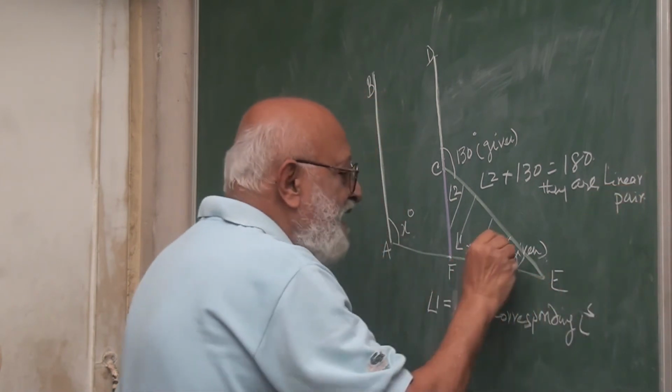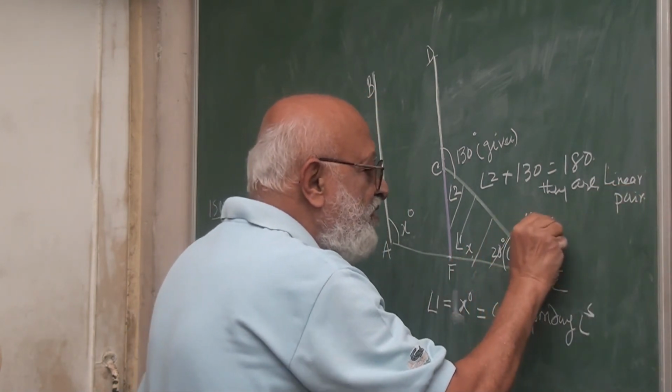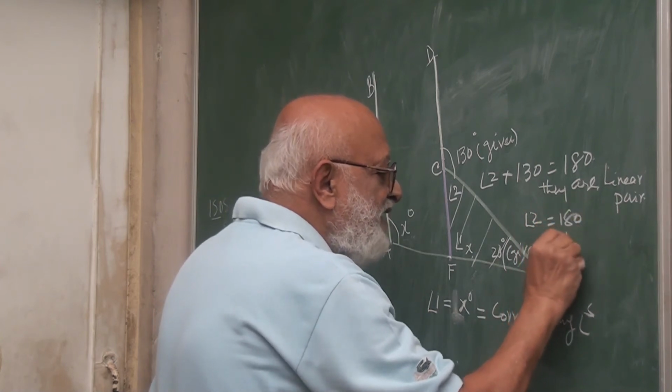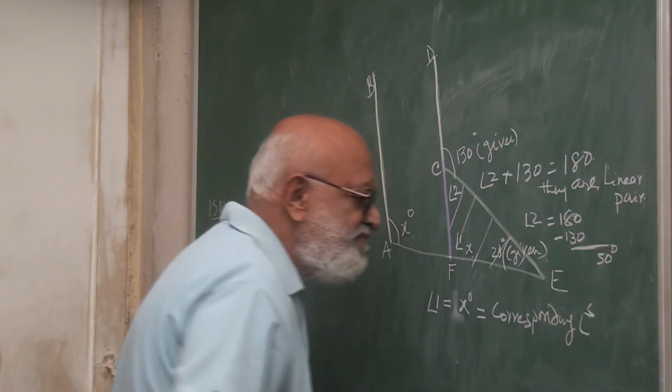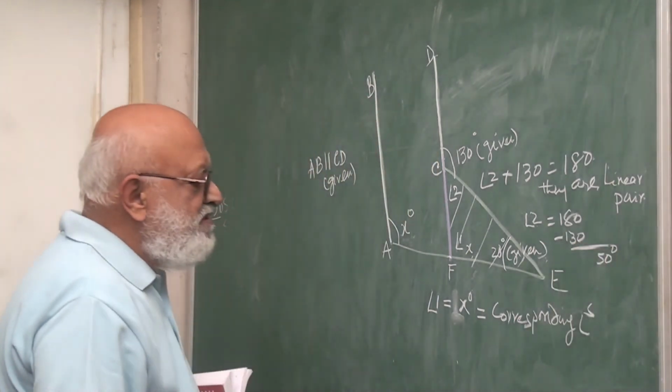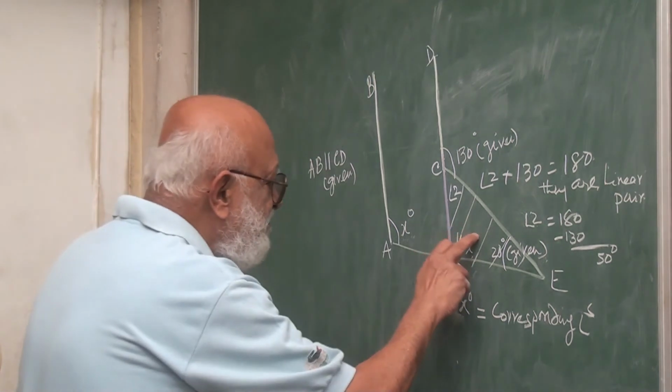Okay, so I get angle 2 from where? Angle 2 is equal to 180 minus 130, that is equal to 50. Done? So come to this triangle.